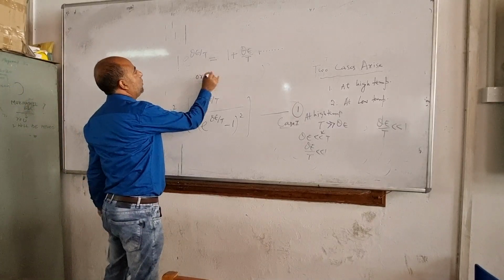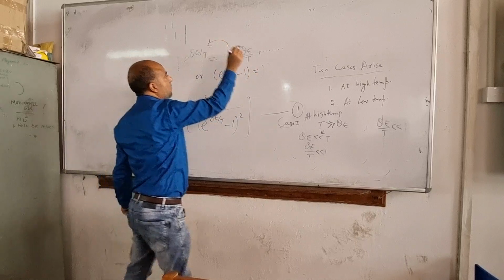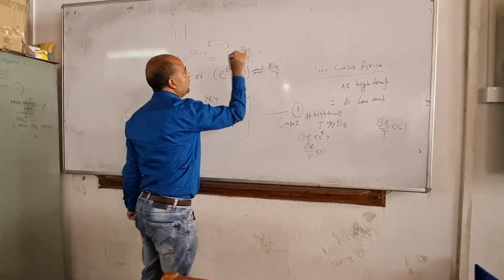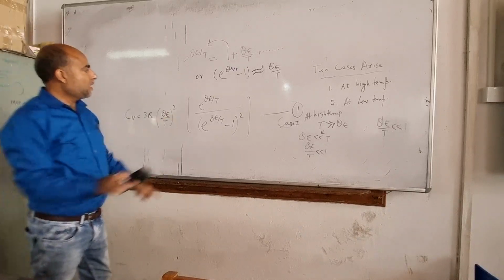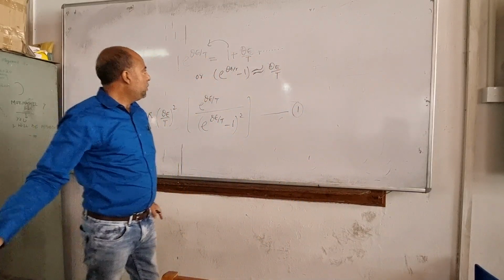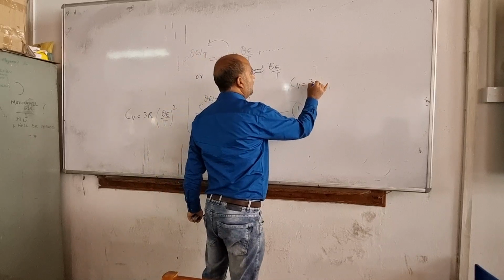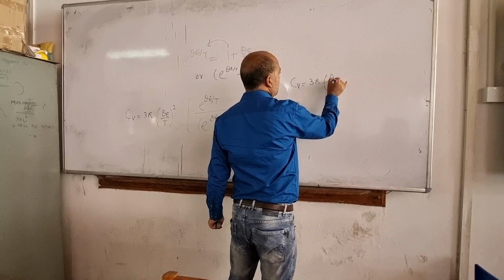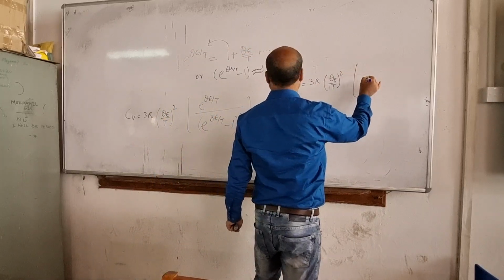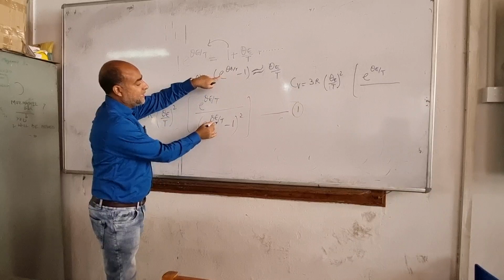So e raised to the power theta_E by T minus 1 is nearly equal to theta_E by T. Now substitute this value in the equation. C_V will turn out to be 3R times (theta_E by T) whole square, then e raised to the power theta_E by T, over the denominator (e raised to the power theta_E by T minus 1) whole square.